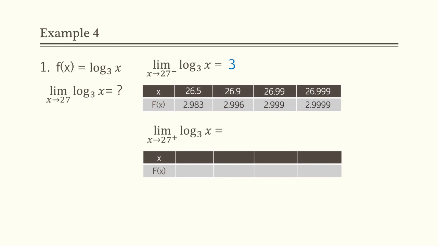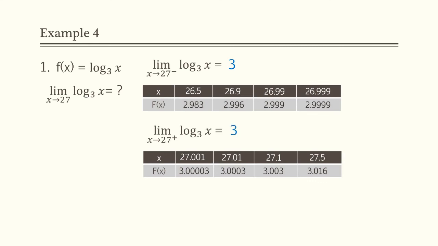Now, on the other side, the first x values that I've used are 27.5, 27.1, 27.01, and 27.001 with corresponding y output values of 3.016, 3.0003, 3.0003, and 3.00003.